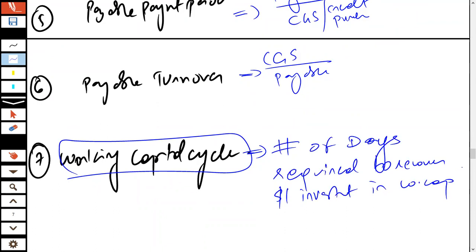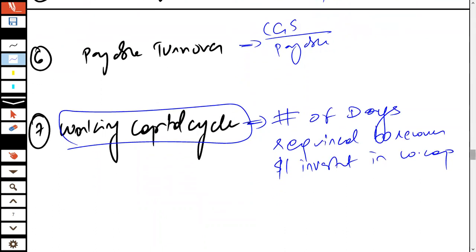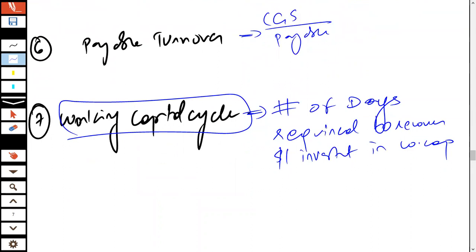So the number of days that are required to recover a $1 investment in working capital is going to be considered as your working capital cycle. So I repeat, the number of days which are required to recover a $1 investment in your working capital is going to be termed as the working capital cycle.